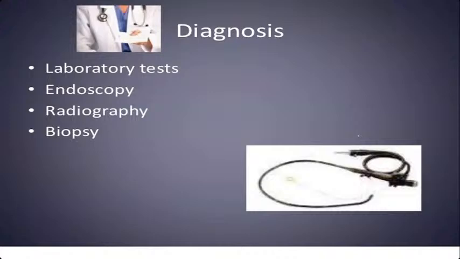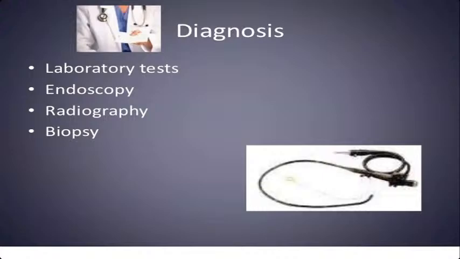So lab investigation and diagnosis of inflammatory bowel disease. Laboratory tests are those that we have already mentioned. For example, you want to do a hemogram to show there is anemia and a raised white cell count.